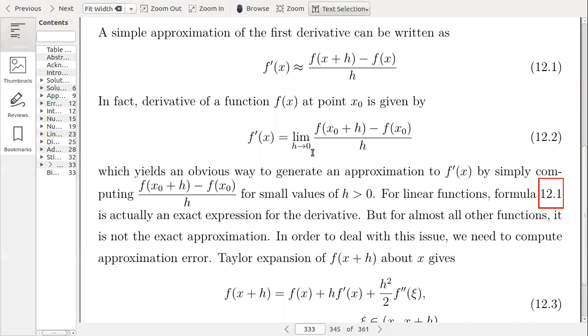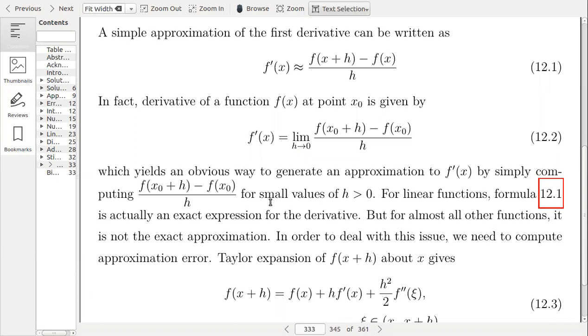Limit h approaches 0 means h is a very small positive number. So this derivative yields an obvious way to generate an approximation to f prime of x by simply computing f of x naught plus h minus f of x naught over h.